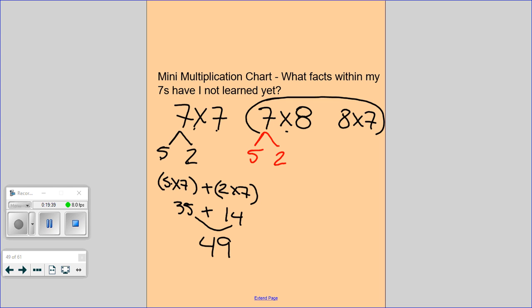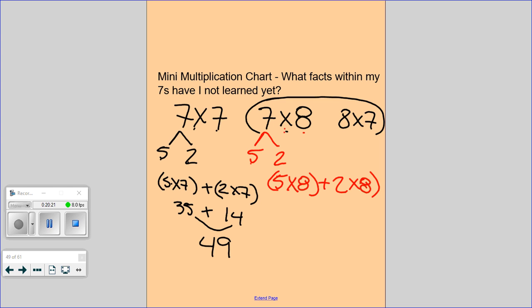Hunter, what do you need? Solve it with me. Stay with me. Be patient. I thought we needed to fill out 2 because the other row is 6s. That should have already been filled out. You're filling out 3. From here, 5 groups of 8 plus 2 groups of 8?